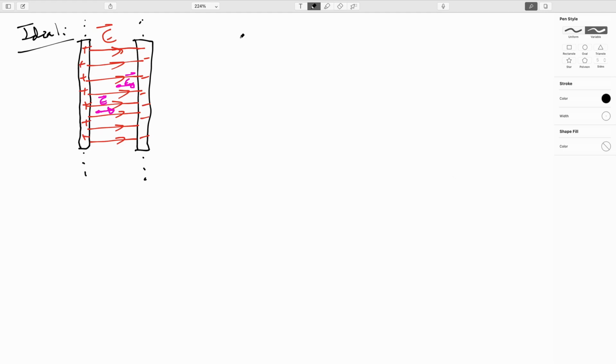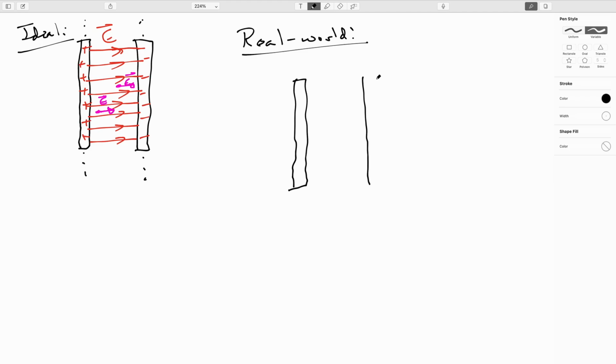But let's go take a look at, say, a real world case here for our parallel plate capacitor. So in the real world, where the sheets aren't infinite, I will now not draw little dots to remind us of the sheets being infinite, because they're not.